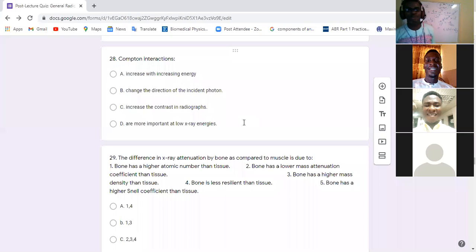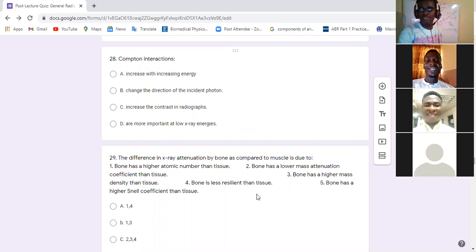It decreases with energy. Option A is wrong. As the energy increases, Compton interaction decreases. Photoelectric effect also decreases. Rayleigh scattering also decreases. But pair production increases. Immediately you get to the mark of 1.02 megaelectron volts, pair production will consistently continue to increase.